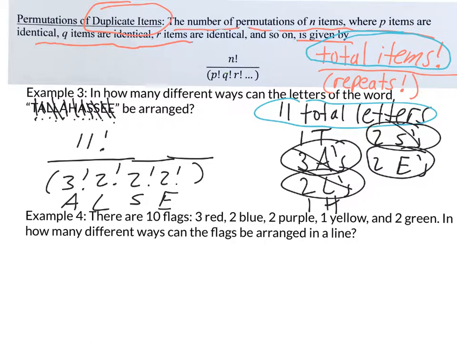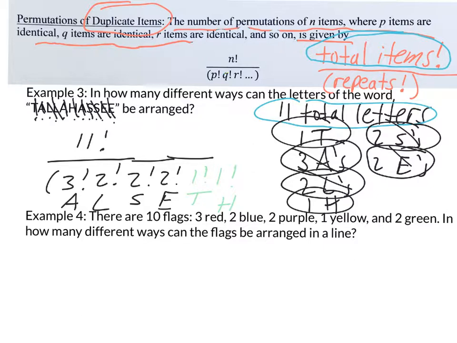Now, you might be going, but what about the 1 T or the 1 H? Because the T and H did not repeat, you don't have to write 1 factorial. You can if you want to. It's not going to hurt anything. You're going to get the same exact answer. So I do see some people sometimes that'll do 1 factorial to represent the 1 T, and they'll do another 1 factorial to represent the 1 H. But 1 factorial just equals 1.